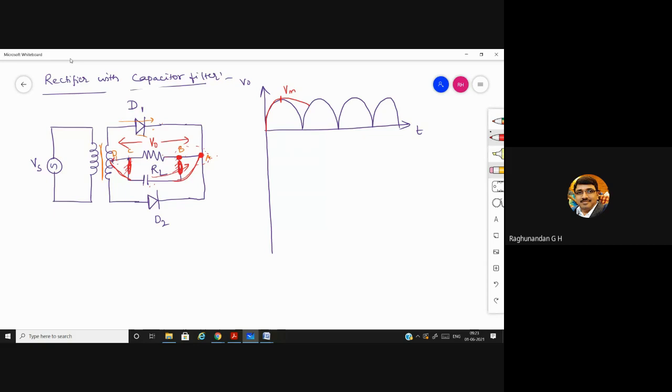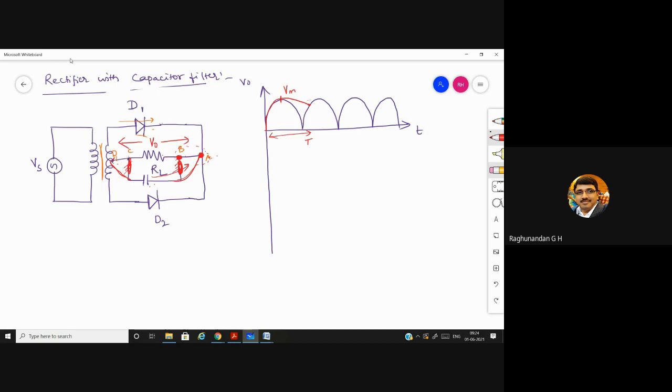So by the time the capacitor is charging, at this particular time duration, maybe you can call this some time t. What has happened here? Our capacitor was discharging, but suddenly at this point something has happened and it is obstructing the capacitor from discharging.